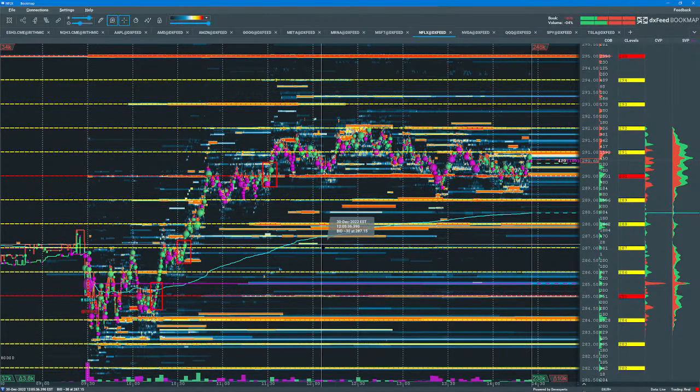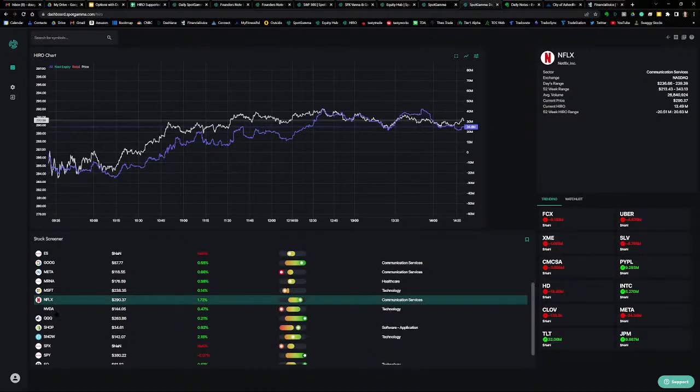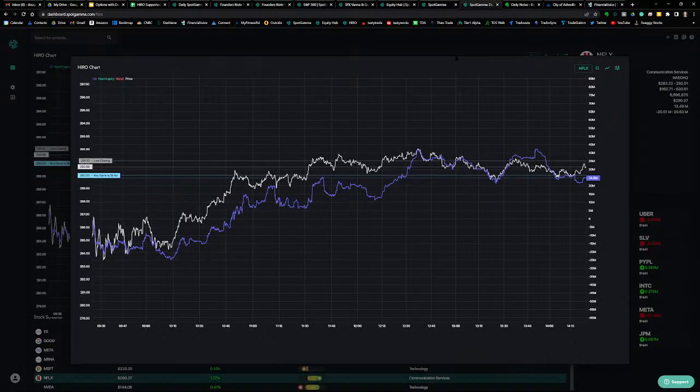So anyway, there are liquidity levels at 290 and 295 in play. And let's take a look at Hero. Netflix. And Netflix is another stock that has high correlation with options trades and price action.